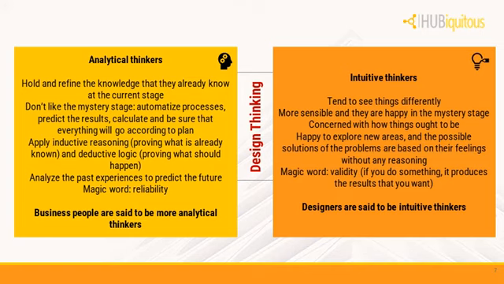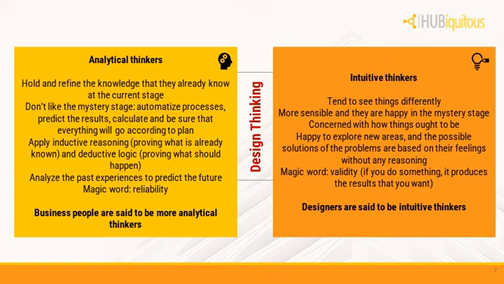And then we have the intuitive thinkers, who are more designers and people that think out of the box. They see things differently. They are more sensitive. They are happy in the midst of uncertainty; they like it. They feel comfortable outside the comfort zone, and they are concerned with how things ought to be.